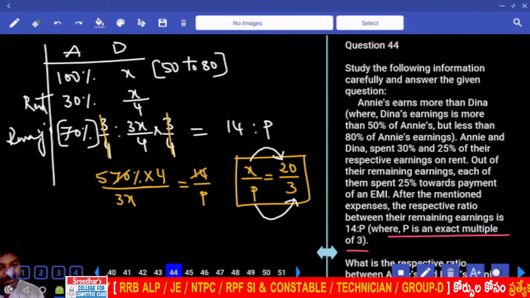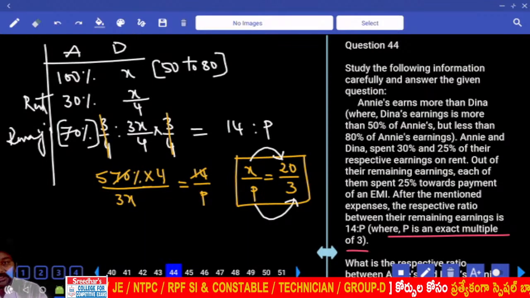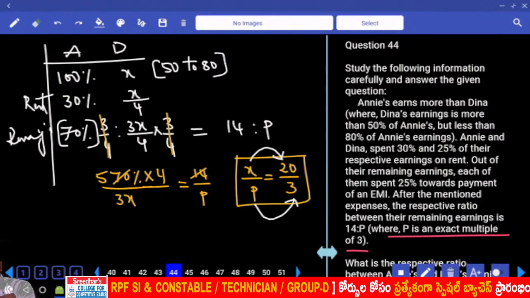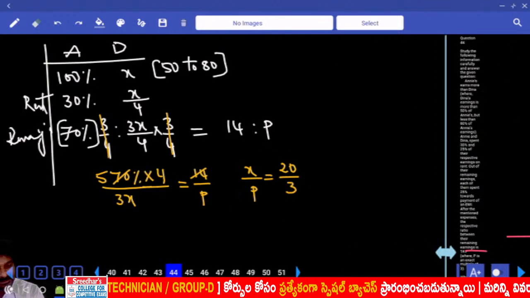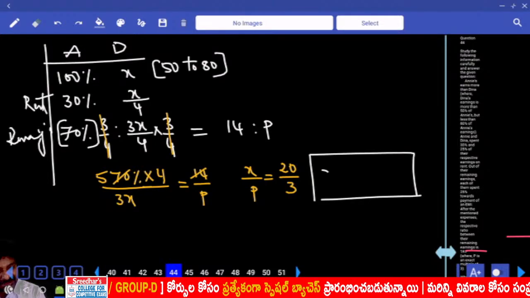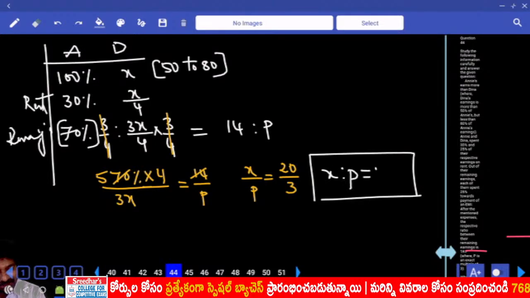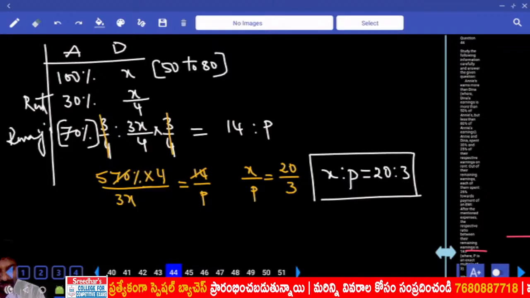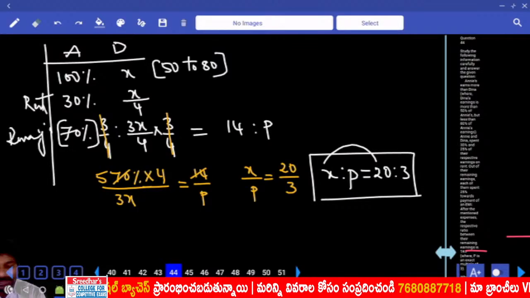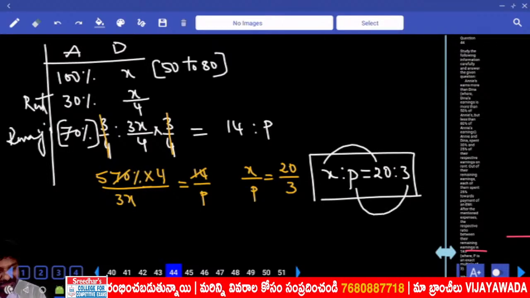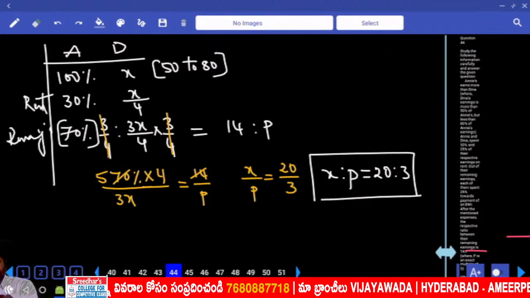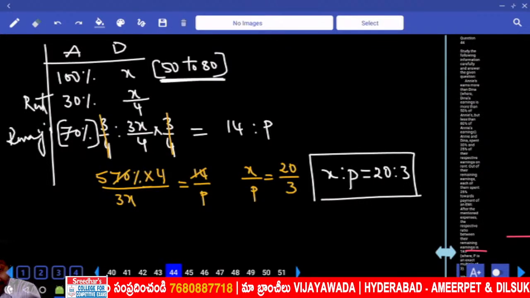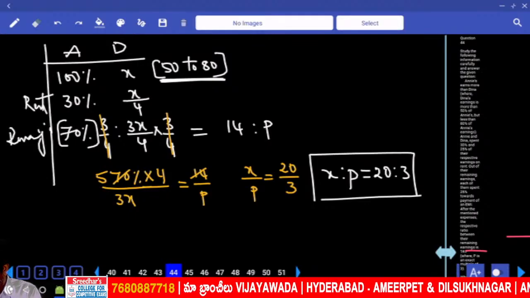Where is 14? From this, can I write it as x is to P is equal to 20 is to 3? X is a multiple of 20, and it should be in the range between 50 to 80.